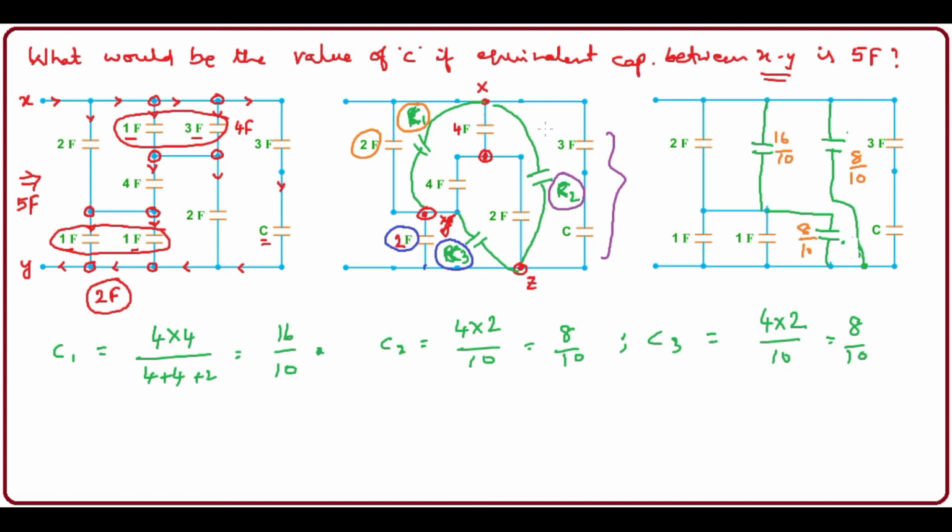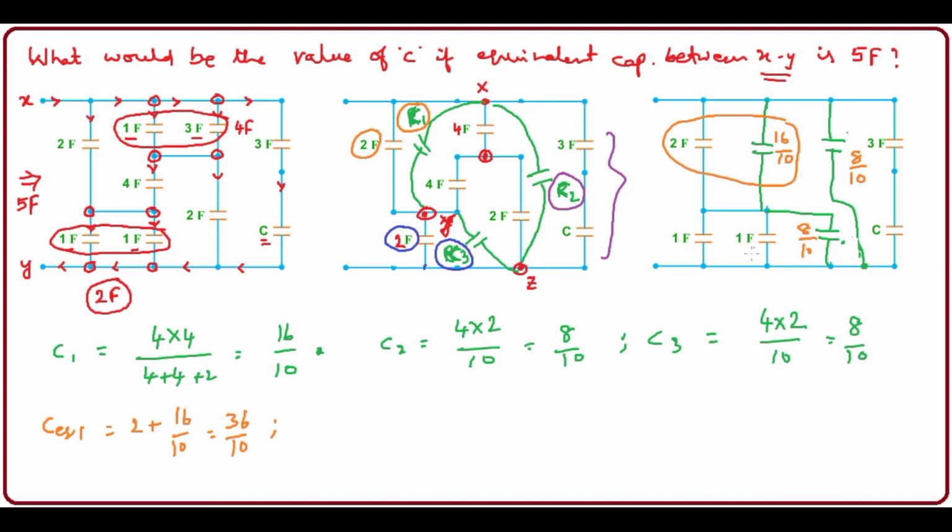As we have already discussed, these two are in parallel. So let me write C equivalent 1 is equal to 2 plus 16 by 10, which is equal to 36 by 10.